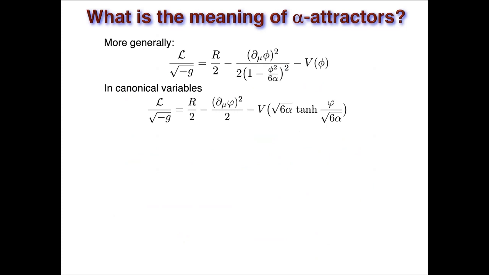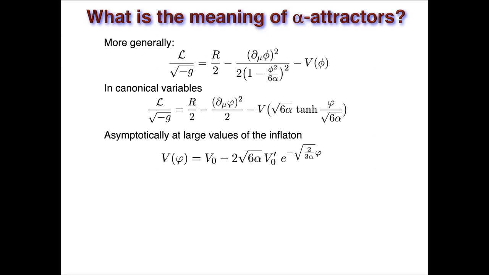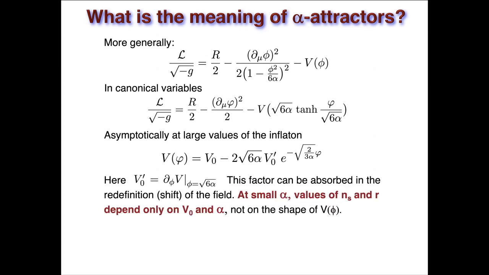So the potential becomes practically constant, you develop a plateau, and when you study the predictions of this theory, the predictions measured by Planck and BICEP all depend only on the height of the potential and on the parameter alpha. They do not depend on anything else.